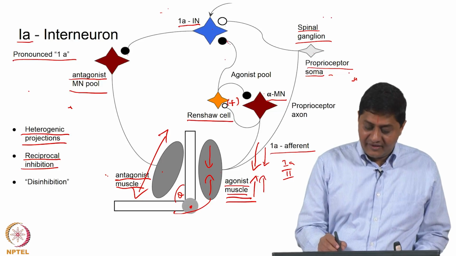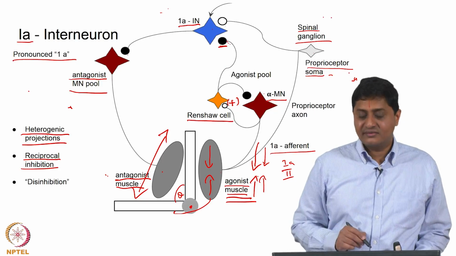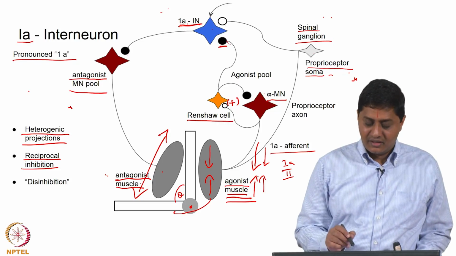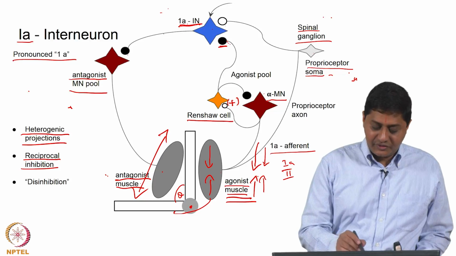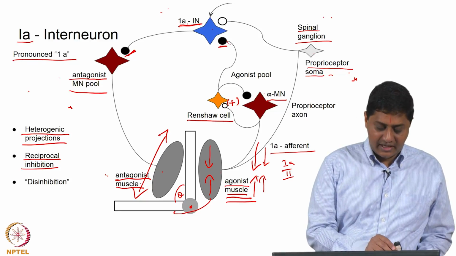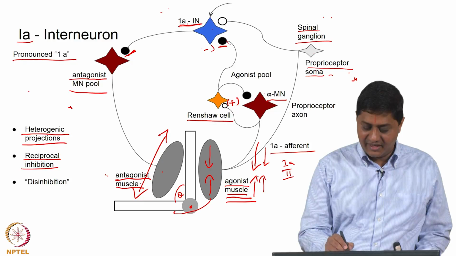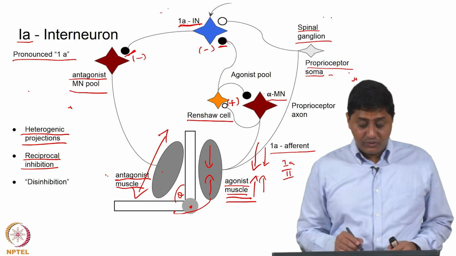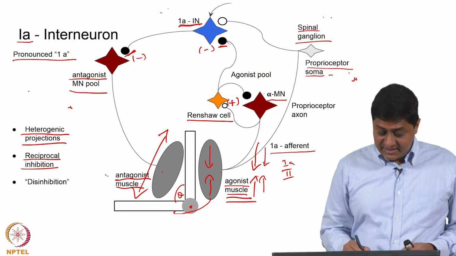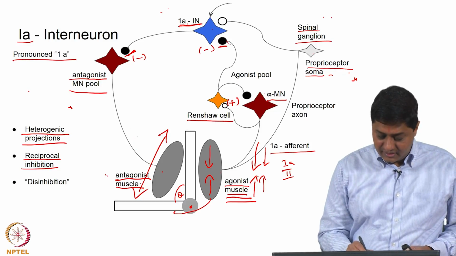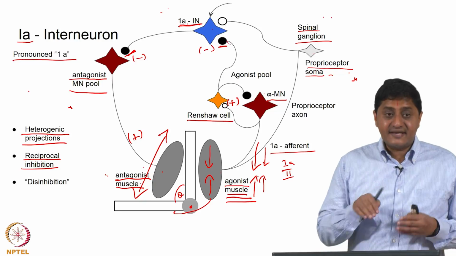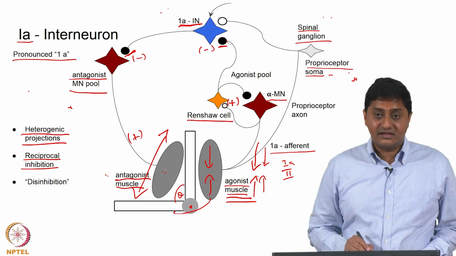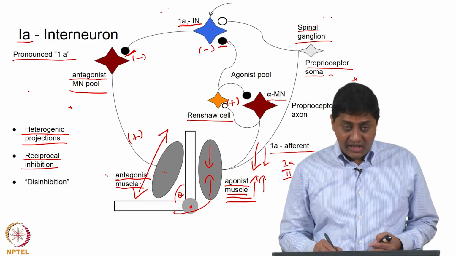In a way, if I inhibit this 1A interneuron, which is already inhibiting this antagonist pool, in other words, there is one minus here, there is one more minus here. So, effectively I am increasing the probability that an excitatory command is going to be sent to this antagonist muscle, or in other words, that there is a contraction here.